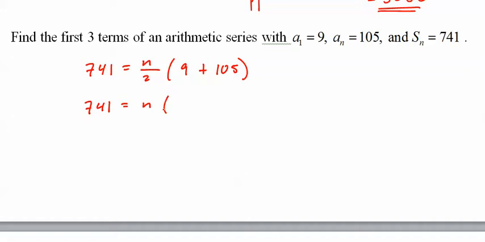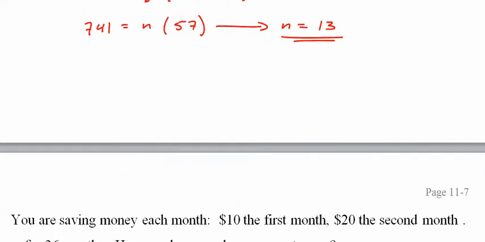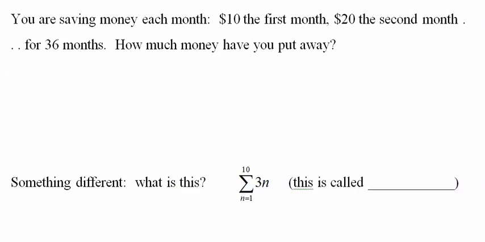Add them. Divide by 2, we get 57. N equals exactly 13. Nice part of the problem is if you screwed up, you wouldn't get an exact integer. You'd get some decimal. Then you better go back and check your work or come and talk to me because I probably screwed up the problem.